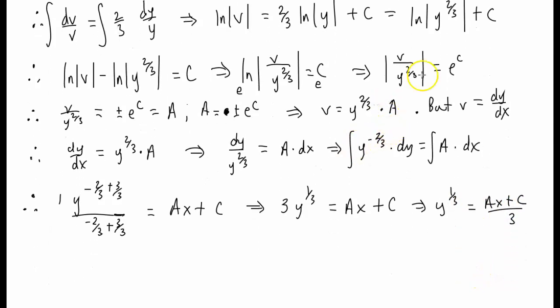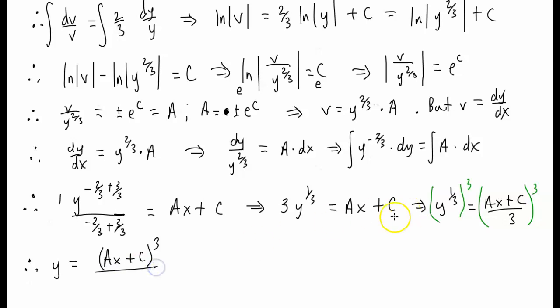And then after we do that, of course, we could take both sides of this equation and raise it to the power of 3. All right, so we'll go ahead and write that in here. And so now doing that, of course, the left side will just be y. The right side will be ax plus c, quantity cubed, over 3 cubed, which would just be 27. And so this would be our general solution.